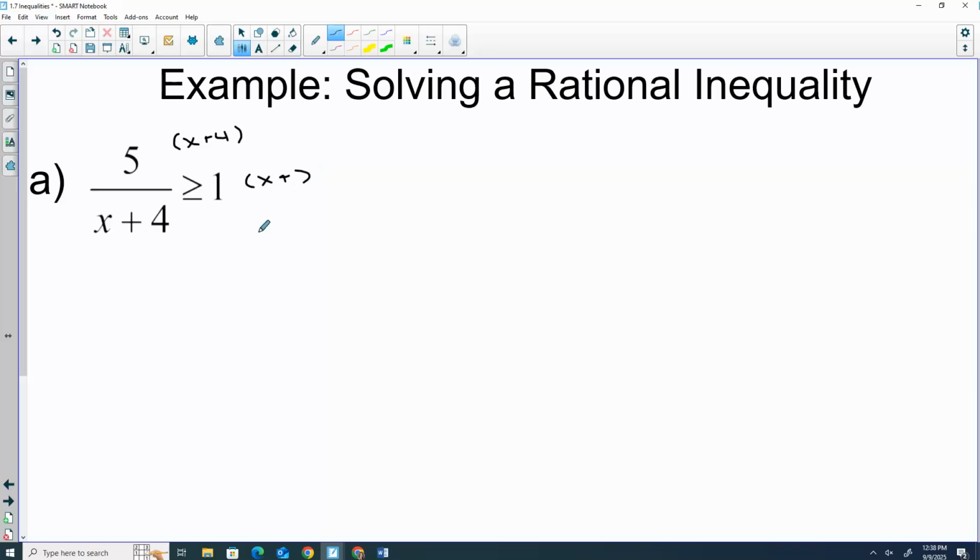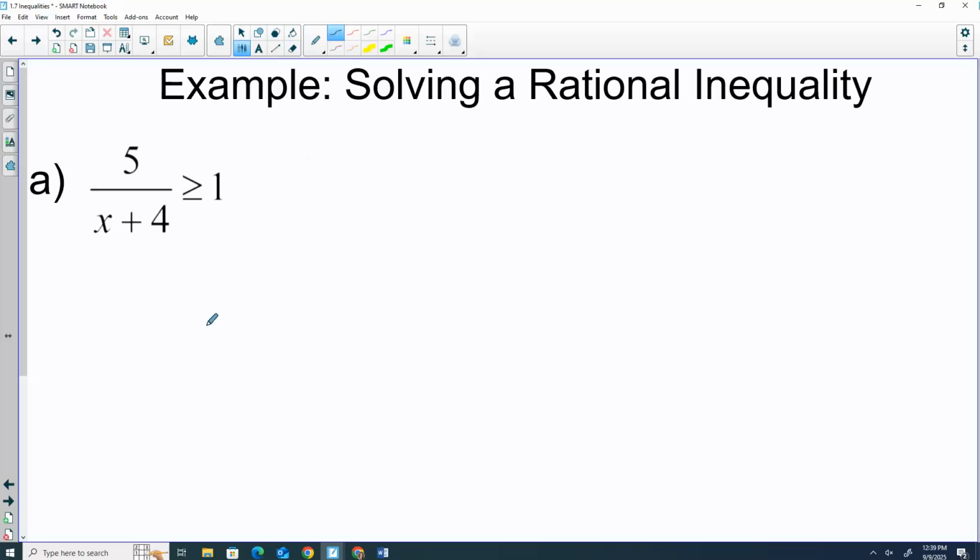Does anyone know why that wouldn't be allowed? If x plus 4 is positive, it's fine. But what happens if x plus 4 is negative? It switches your inequality. Do we know if x plus 4 is positive or negative? No. So if I multiply by it, I don't know if my inequality flips or not. So we can't do that.